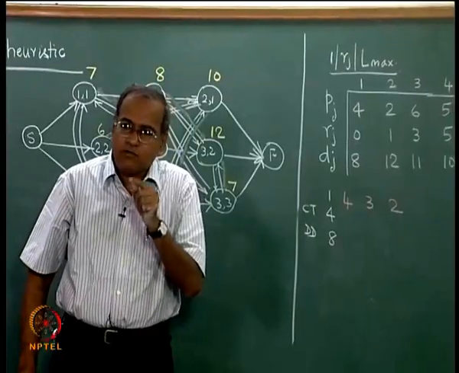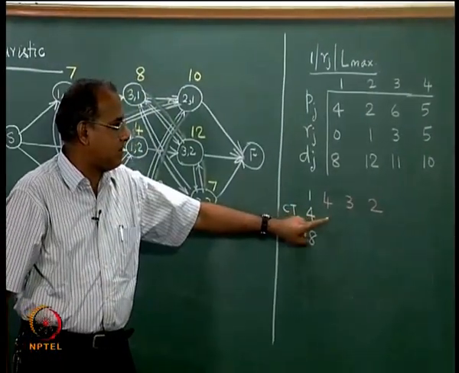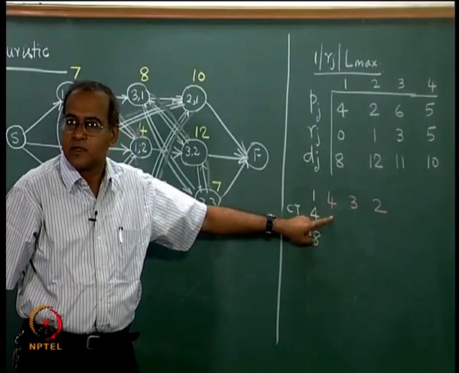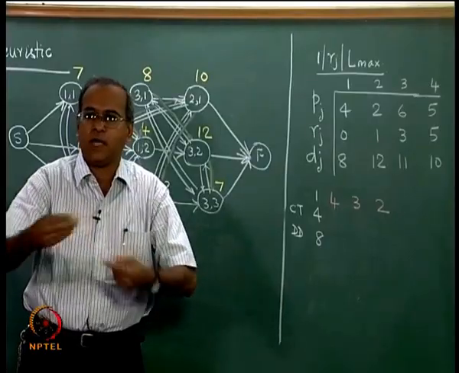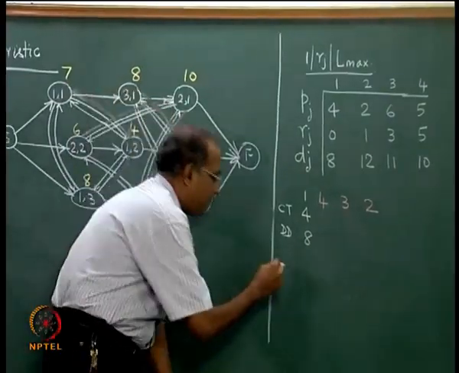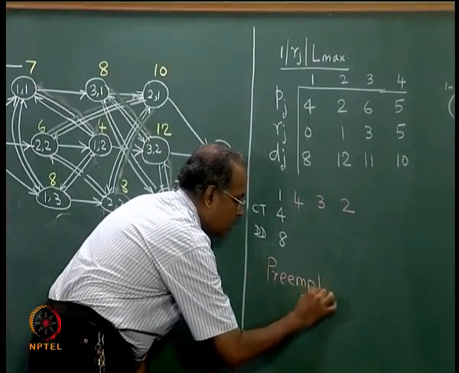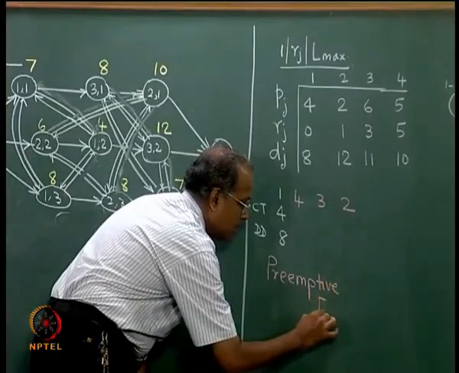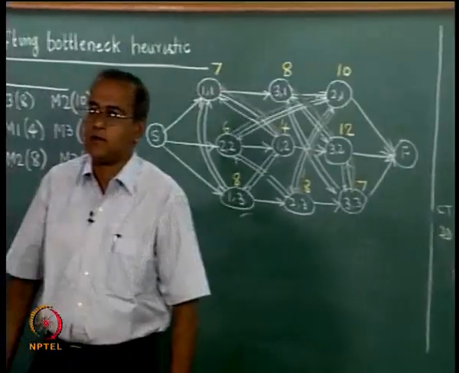So, if we want to find out the completion time, then the completion time will become 5 plus 5, 10, but we are interested in finding a lower bound to L max. Therefore, we will use what is called a preemptive EDD rule.